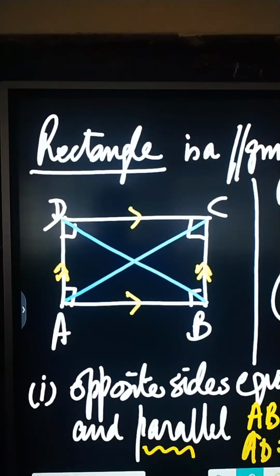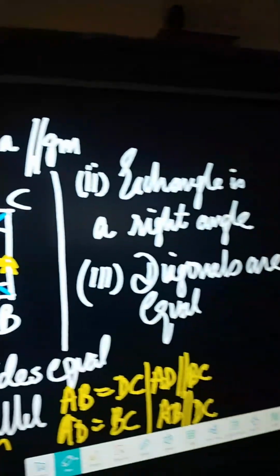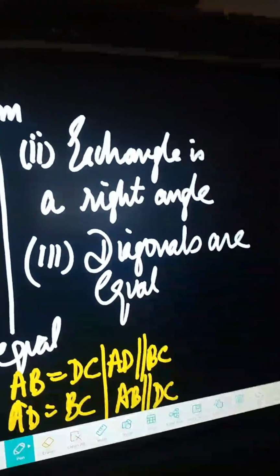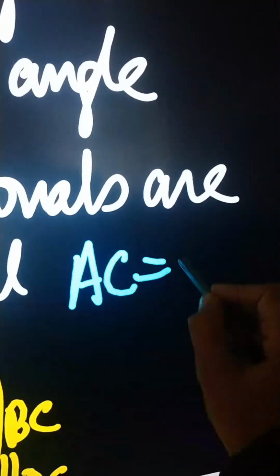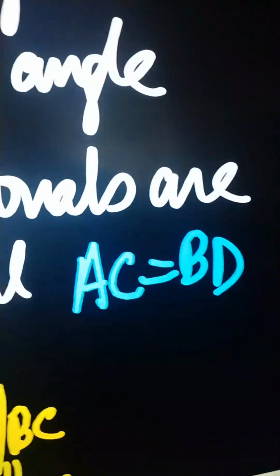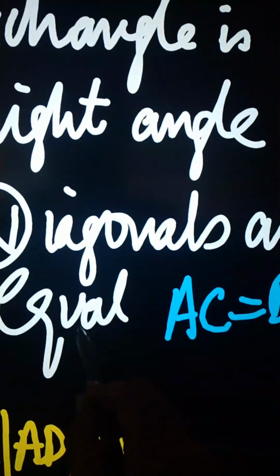So AC is equal to BD. This is the meaning of diagonals are equal. Diagonals are equal and they bisect each other also.